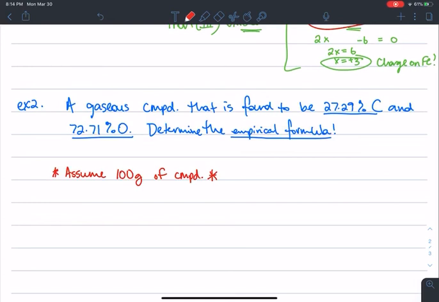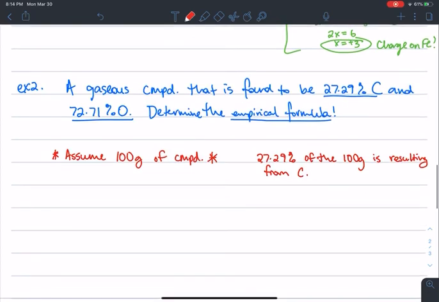What this is saying is that 27.29% of the 100 grams is resulting from carbon. And what does that mean? It means that we have 27.29 grams of carbon. So for carbon, now we have 27.29 grams of carbon and 72.71 grams of oxygen, right?